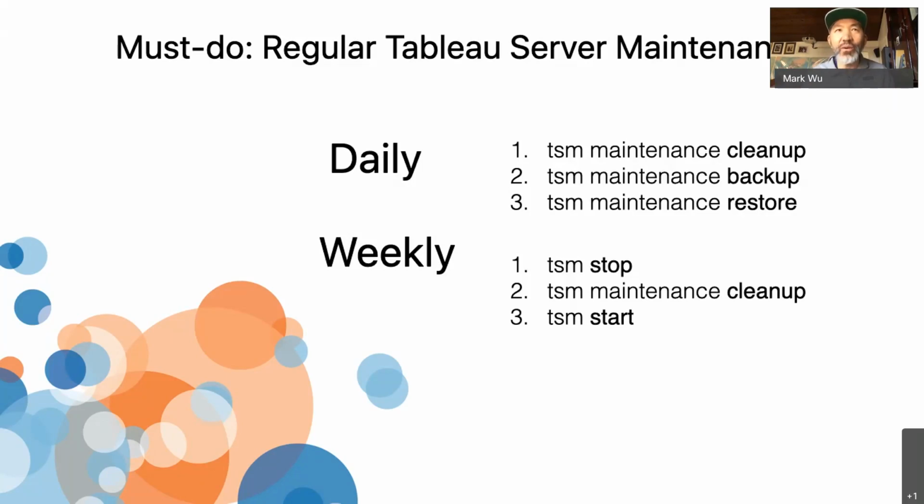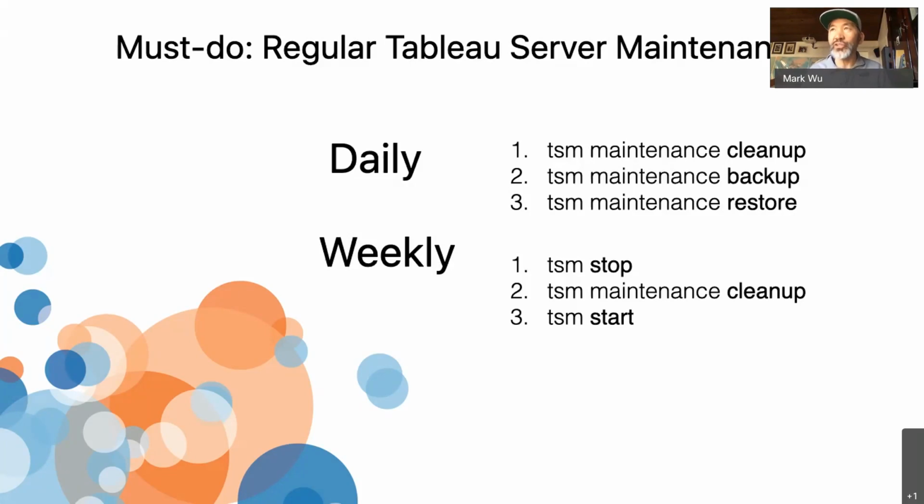Now, why do you do a weekly cleanup? That's the same TSM maintenance cleanup. Every single week, and that's what I've done for many years, I shut down the server with TSM stop, and I do the TSM maintenance cleanup. That will delete all the temp data and temp files that I couldn't delete during the hot cleanup.